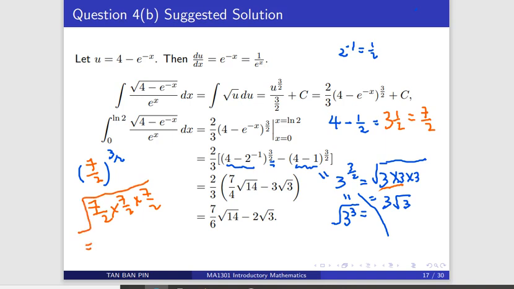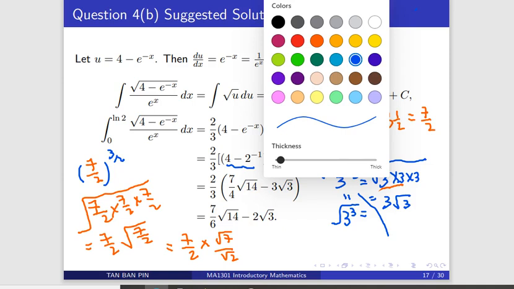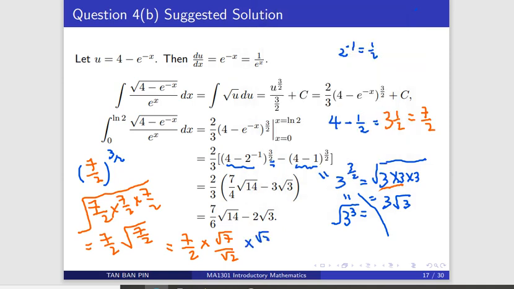So it gives you 7 over 2 and square root of 7 over 2, which is the same as 7 over 2 times square root of 7 over square root of 2. And then you can always multiply by square root 2 over square root 2 to make the denominator have no square root sign.